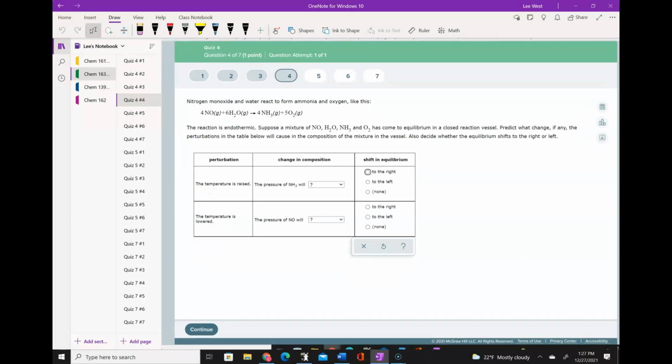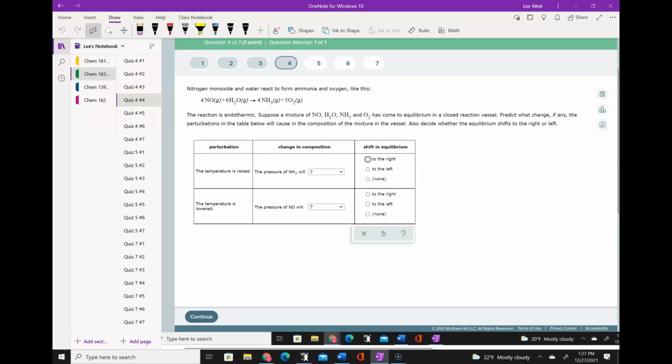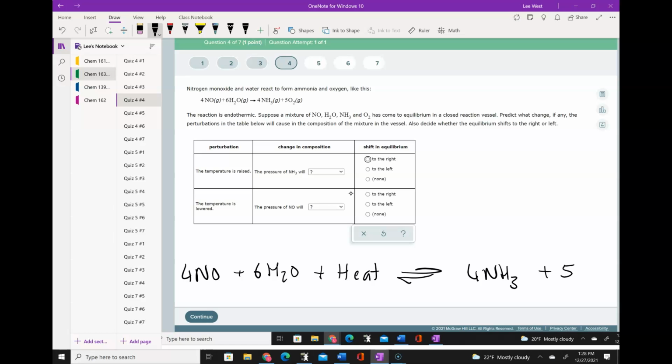Okay, nitrogen monoxide and water react to form ammonia and oxygen like this, and it's nice, it's balanced, so we don't have to go ahead and balance it, right? The reaction is endothermic. So what you should realize is that means that heat is a reactant. And so we can use Le Chatelier's principle to think about how changing the temperature will shift the equilibrium.